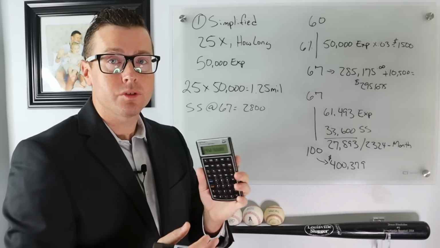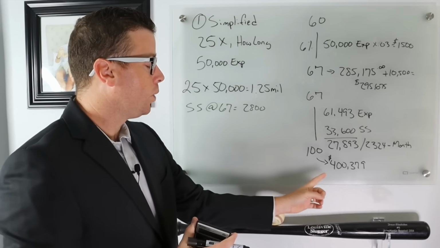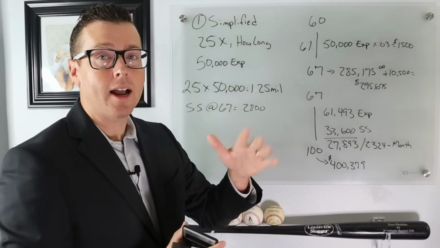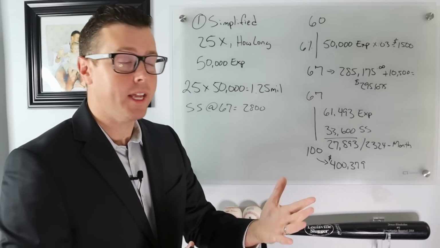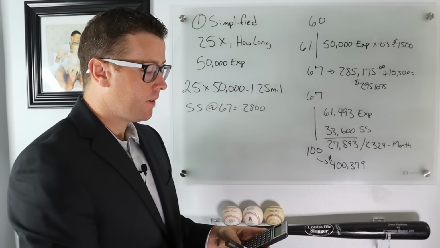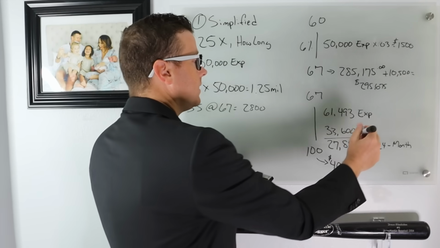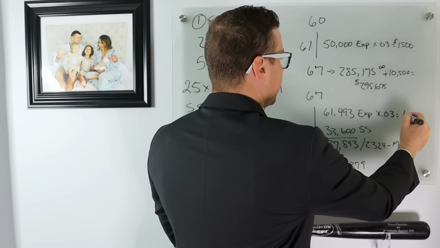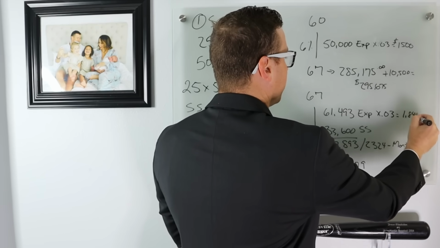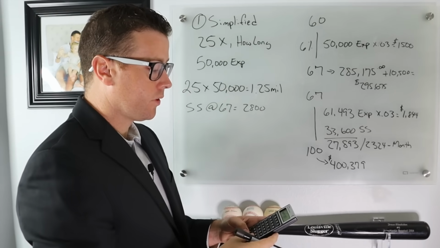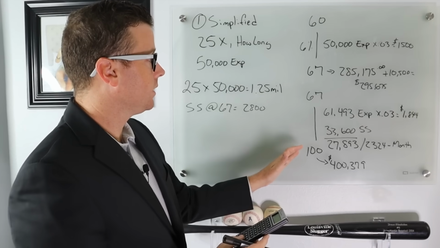So using a future value calculation, we need $400,379. Now, again, let's talk about inflation. Take the $61,493 and multiply that by 3%. That's $1,844. Now, let's multiply that number by 33 because we got 33 years, right?